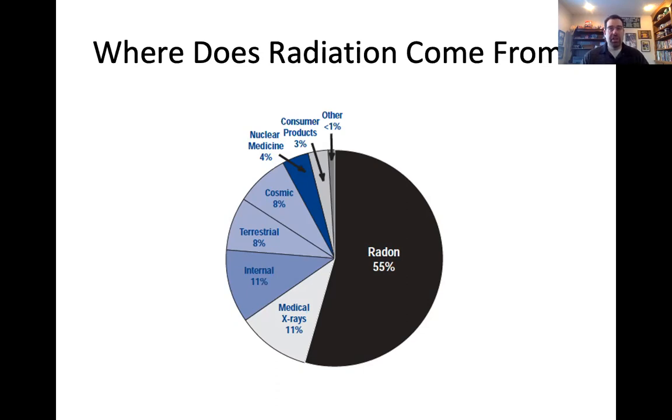One example of that is if you have radon in your basement and you live and stay in your basement and that radon is excessively high, then that's potentially hazardous.